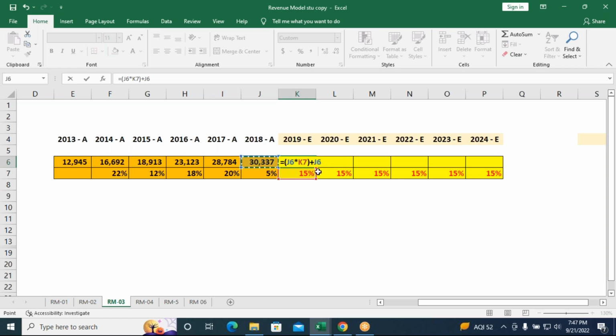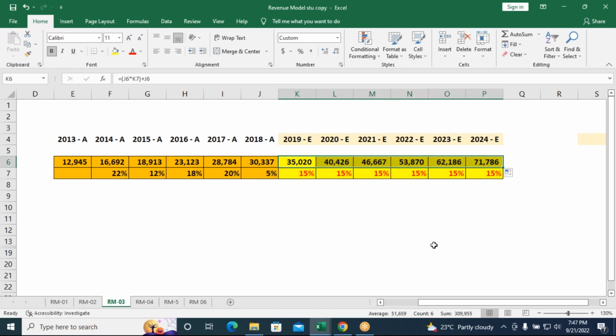Means there is an increase, so I'm adding this value. So I'm taking the previous year revenue into the growth percentage 15%, plus the previous value, as there is a growth by 15%. Now I'll select it and drag. Understood?